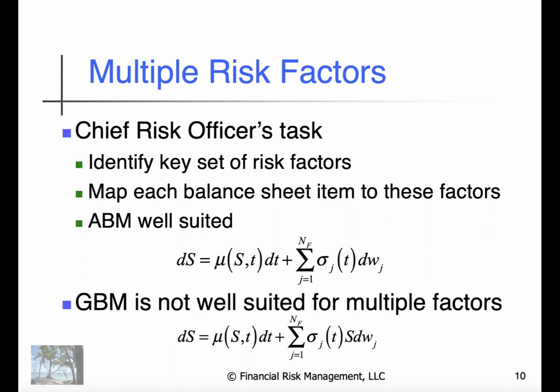Multiple risk factors. If you think about the chief risk officer's task, you want to identify the key set of risk factors and map each balance sheet item to these factors. ABM is well suited for this.